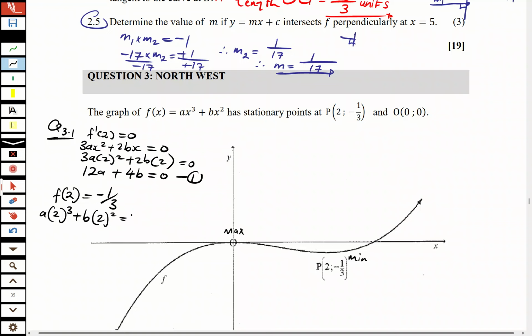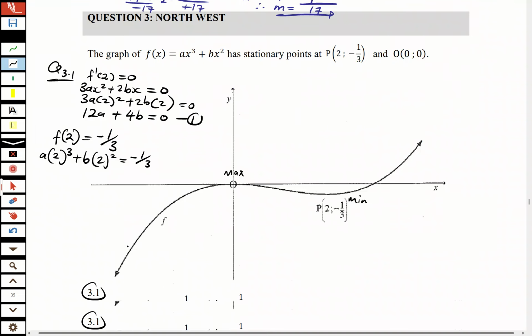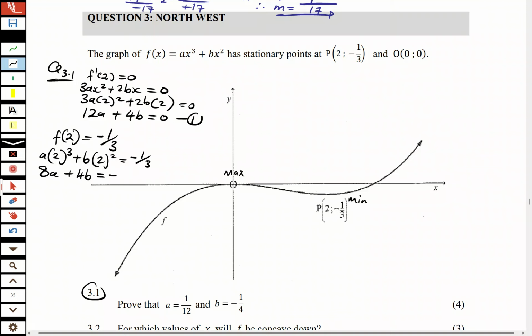This has to be equal to negative 1 all over 3. So to solve this, 2 cubed is 8a, 2 squared is 4b. This equals negative 1 all over 3, and this has to be our equation 2.